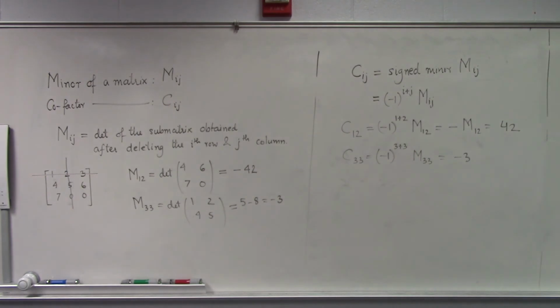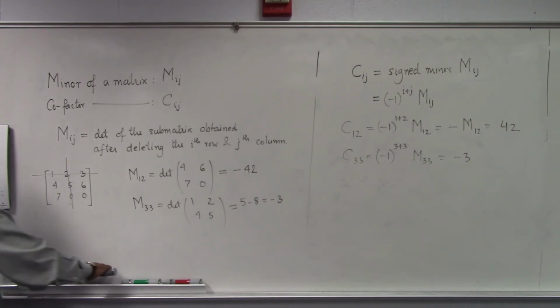So what Laplace said was that if you can find these cofactors, that means these minors with a sign, then you can compute the determinant of a matrix using the signed minors.